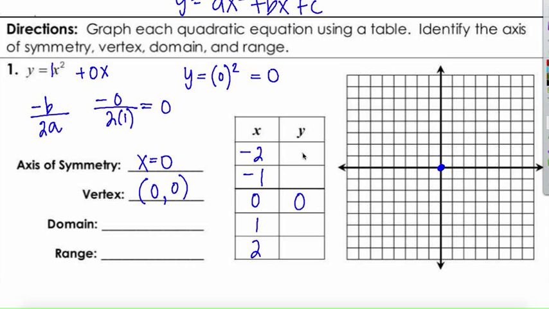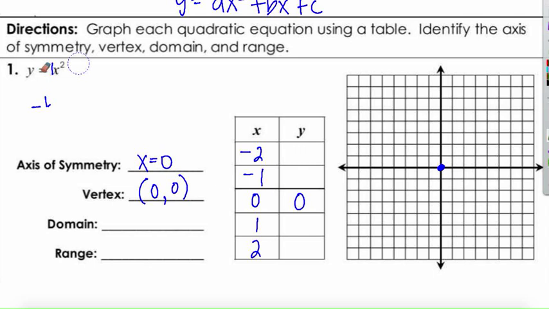So I can find the corresponding y value by plugging this x value into the equation, just like we do with the vertex. For the first ordered pair, I'm going to erase some of this so we have some working room. I'm going to plug in -2 for x. So when I do that, I have y is equal to -2 squared.